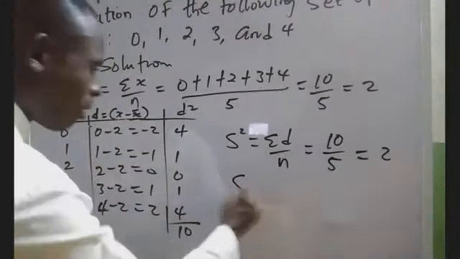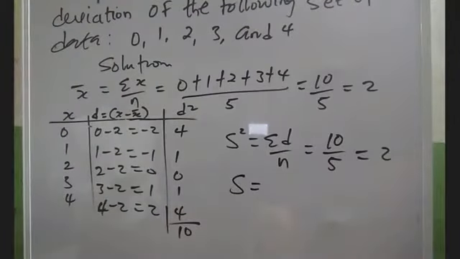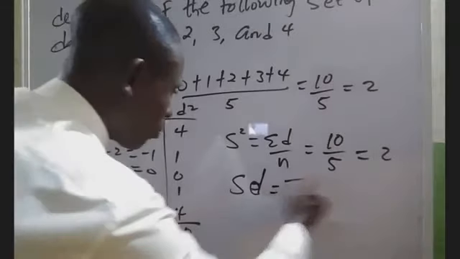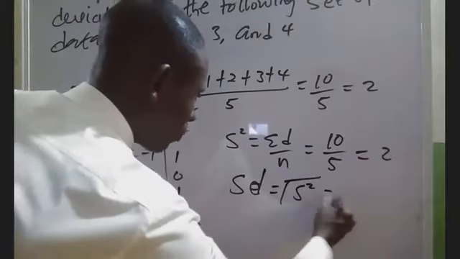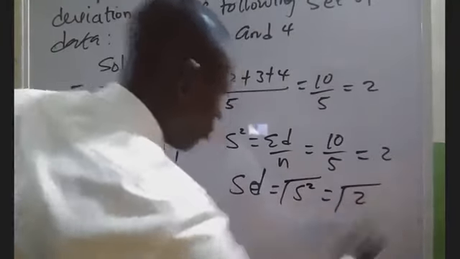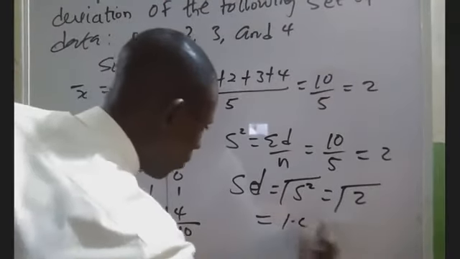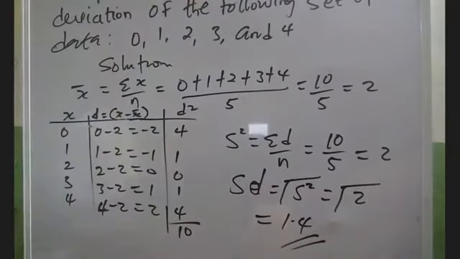So what is our standard deviation? Standard deviation, SD, is the square root of S squared, and that will be the square root of 2. Square root of 2 is the same thing as 1.4. So our standard deviation is 1.4.